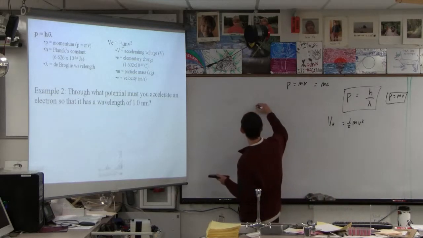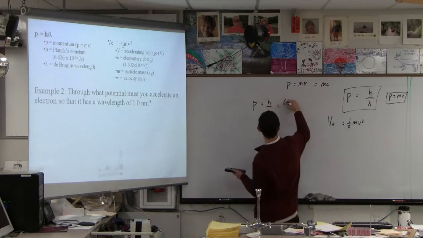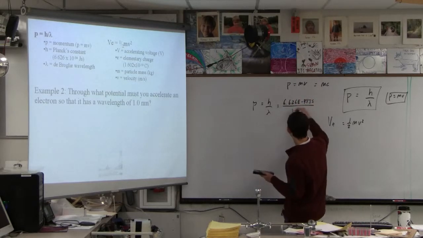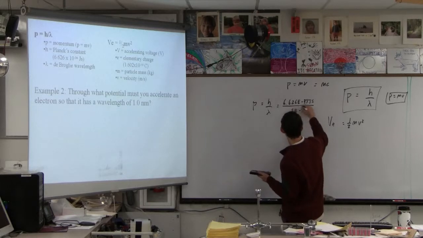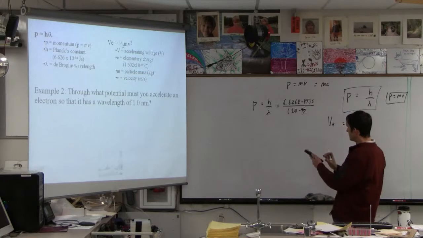So momentum is equal to h over lambda, and so it's 6.626 e minus 34 joule seconds divided by 1 e minus 9 meters. And so that's 6.626 e minus 34 divided by 1 e minus 9.